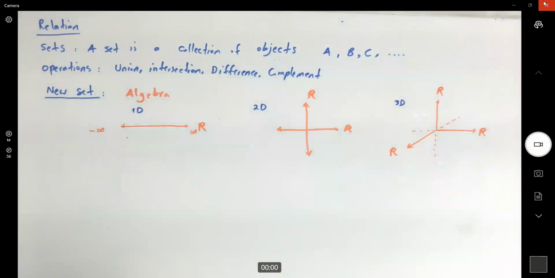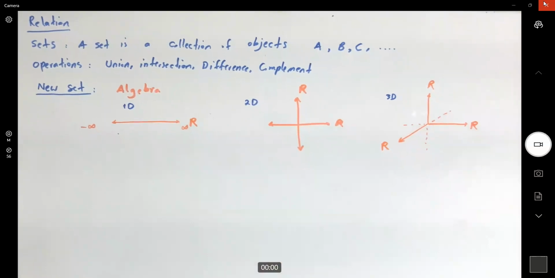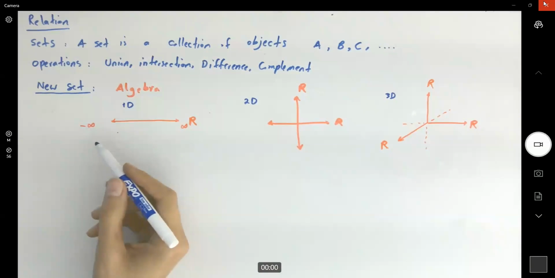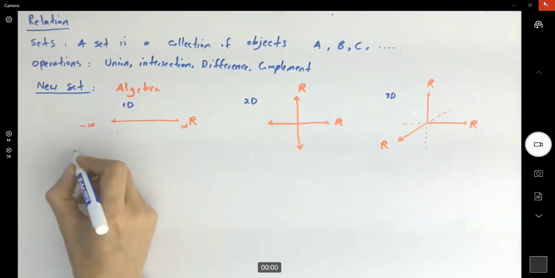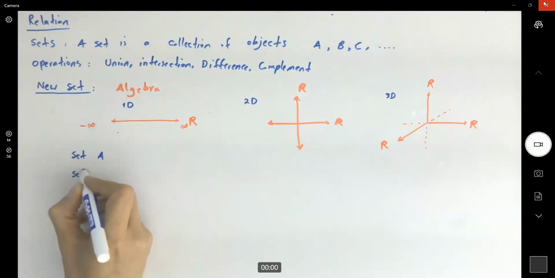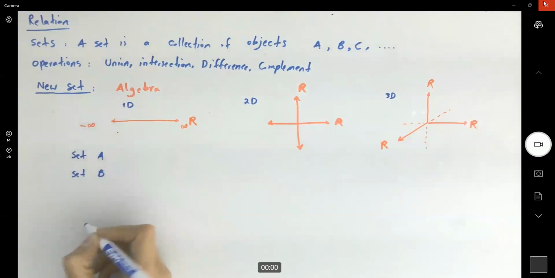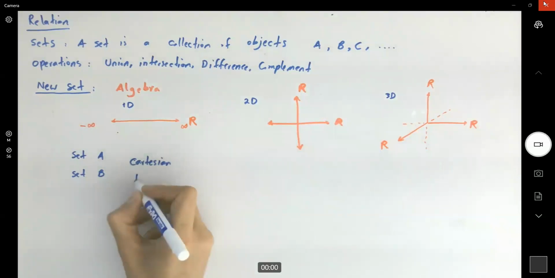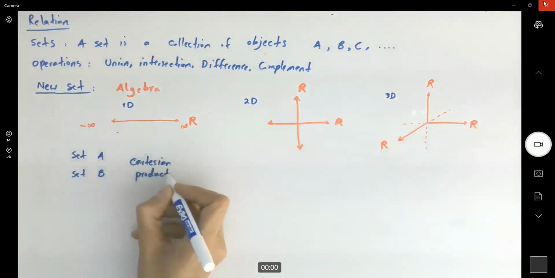But how do we define these? These are the definitions of the Cartesian product between sets. If you have a set A and another set B, you can form the Cartesian product between them.